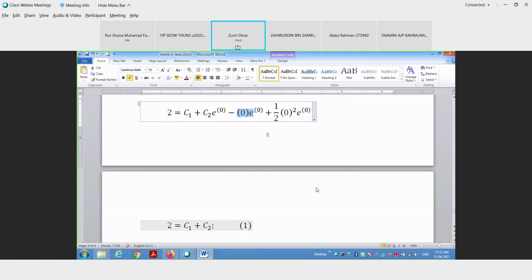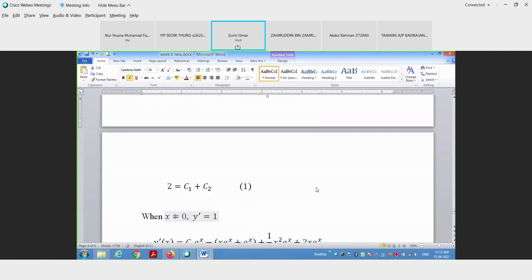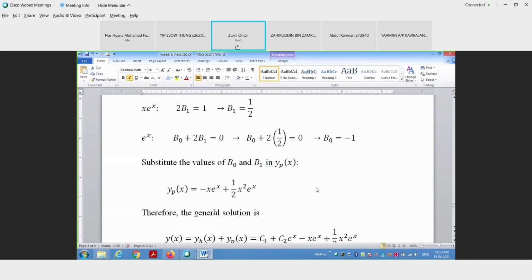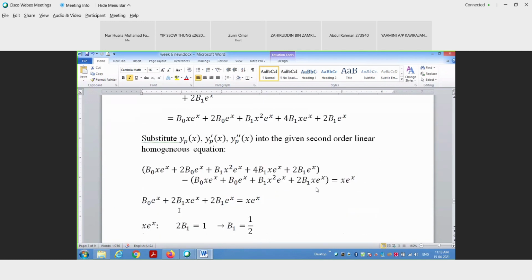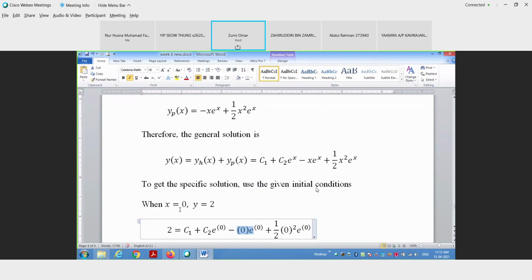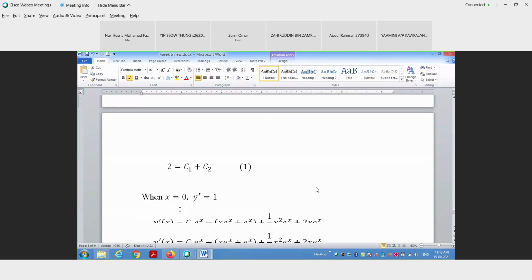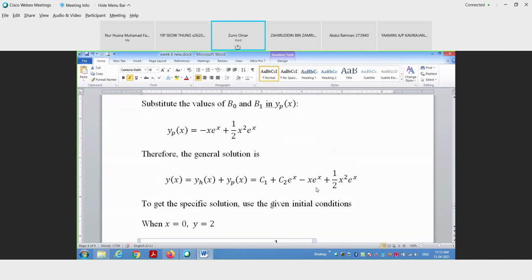Use another initial condition: when x equals 0, y prime is equal to 1. You go to y prime, and you replace. Your y prime will be c2 e^x, and this one you have to use the product rule.